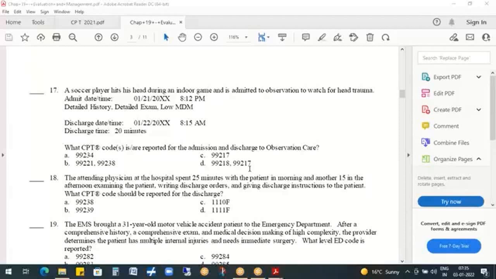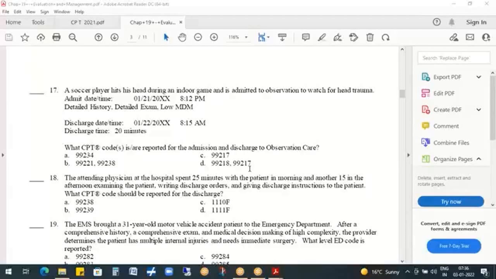Discharge date is 122. My first question: is the patient an inpatient or in observation? Observation. That means no need to look for option B.